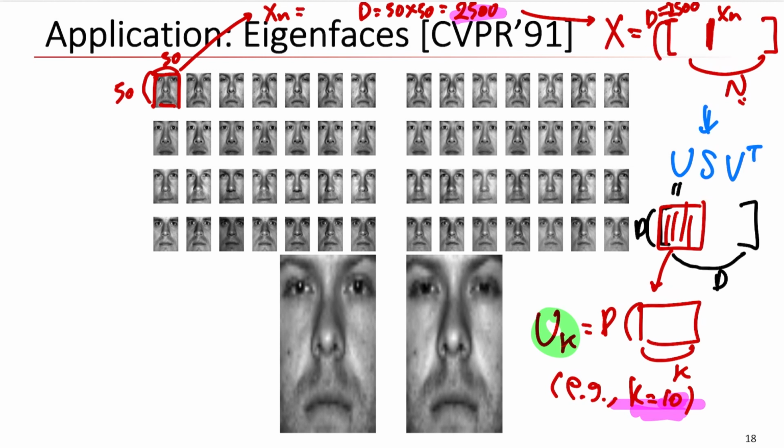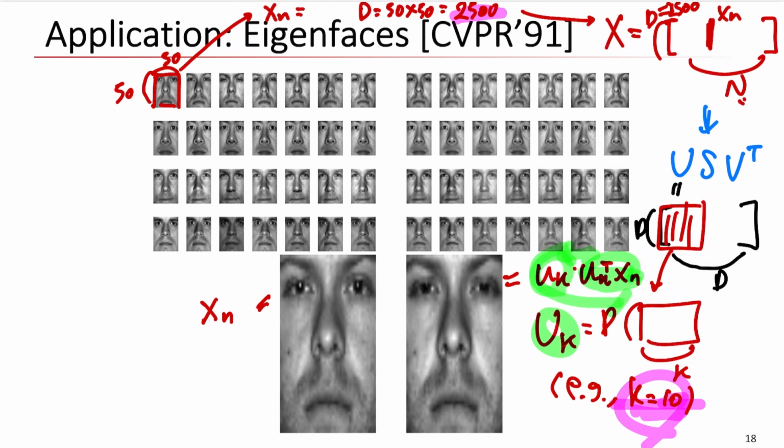Then, what is the desirable property of this K equals 10 dimensional space? It should be reconstructed well to the original data. So here is the example. This is the original xn. This is U K transpose xn, so this is the projected vector, and this is the reconstruction vector.